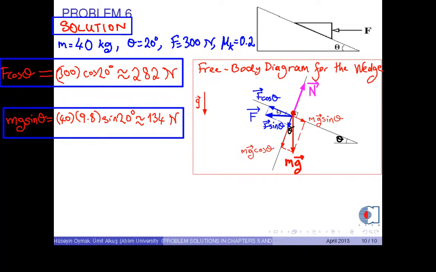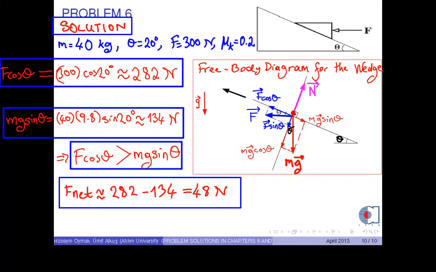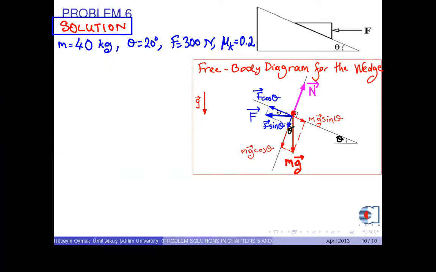Therefore, since F cosine theta is greater than m times g times sine theta, the wedge will move upward along the plane with net force 48 newtons. In part B, we draw the free body diagram of the system after the wedge starts to move.